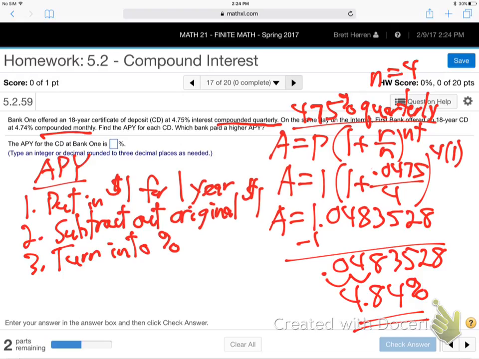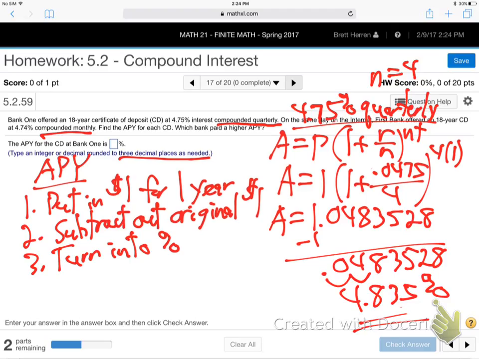Oh, it says round to 3 decimal places. Okay, I didn't read the words there. So let me do a little better. Right here it says round to 3 decimal places. So 4.835. Yeah, that is that one.